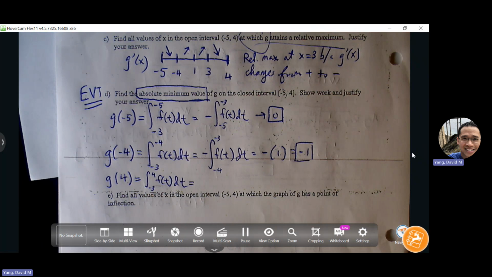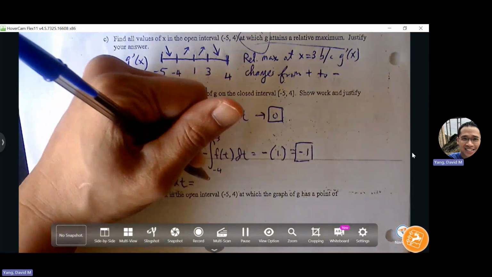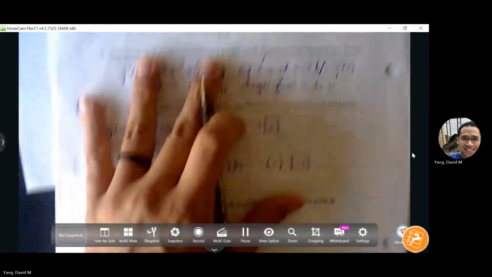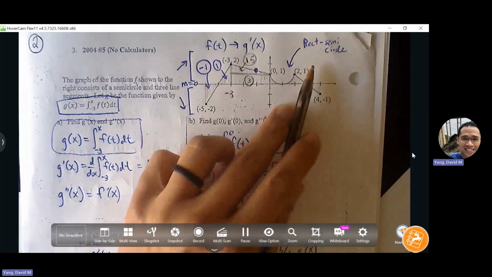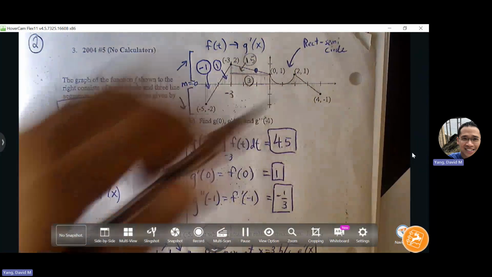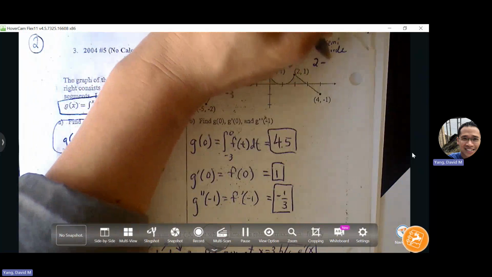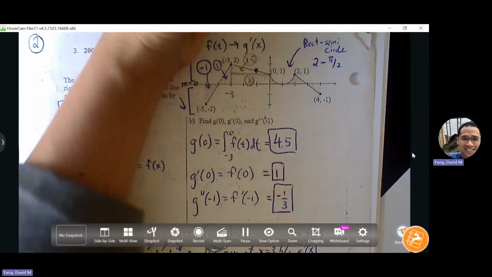G of 4, we're just going to total up all the information from our graph. And if we're looking at all the values here, we got a rectangle minus a semicircle, so that's going to be 2 minus 5/2.